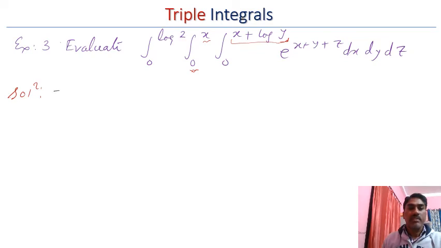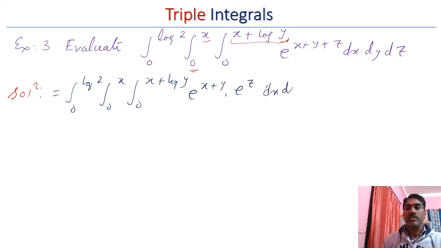So first write this as 0 to log 2, 0 to x, 0 to x plus log y, e to the power x plus y and e to the power z dx dy dz. Now integrate e to the power z and put in its limits. We get 0 to log 2, 0 to x, and e to the power x plus y remains.